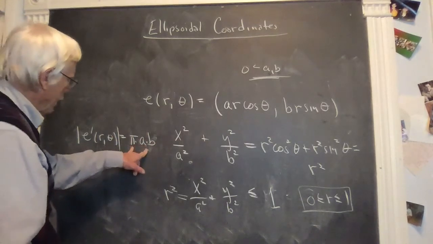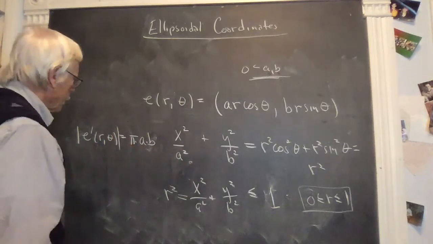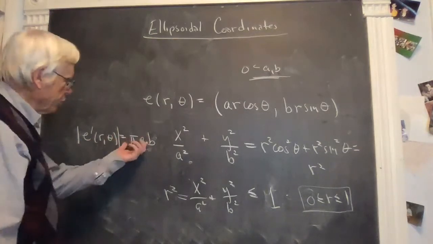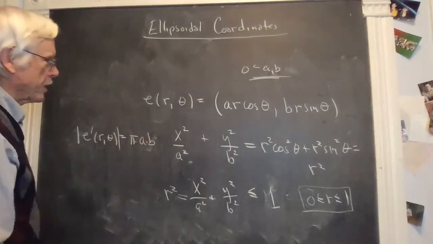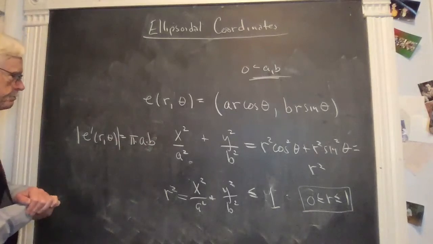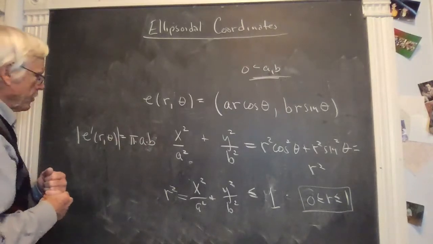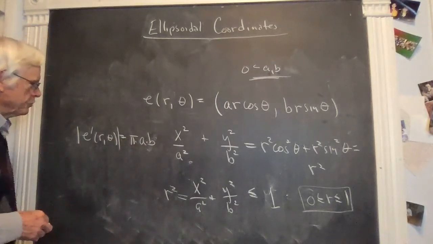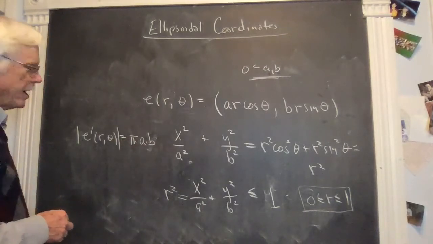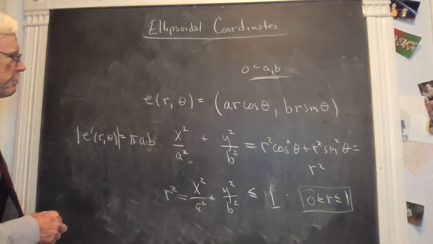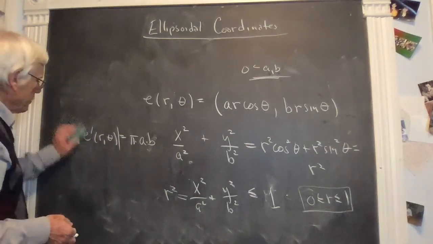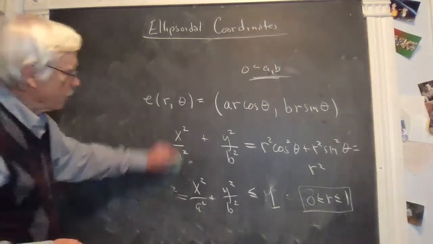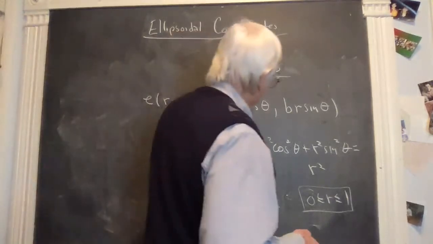You get pi r squared. But if a and b are different, this is the expansion contraction factor. So this is just the area of an ellipse with x radius a and y radius b. Now, with the ellipsoidal coordinate system, it is similar.